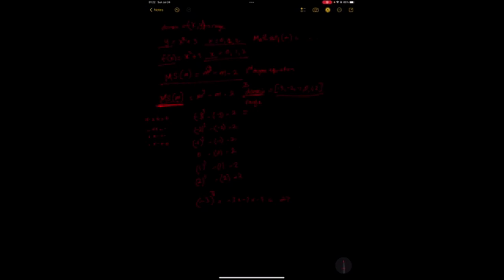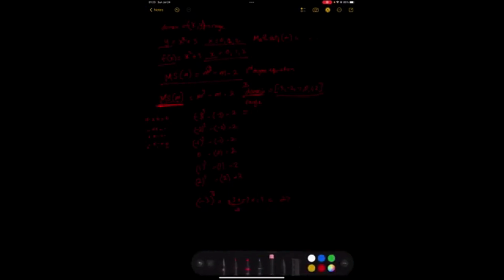Now, the negative part, we're going to have to also multiply. Negative times negative is what? Negative times negative is positive. So that will be equal to positive now.